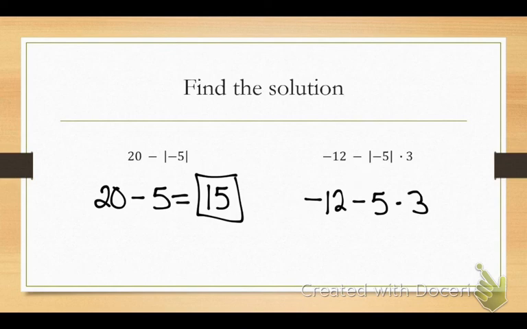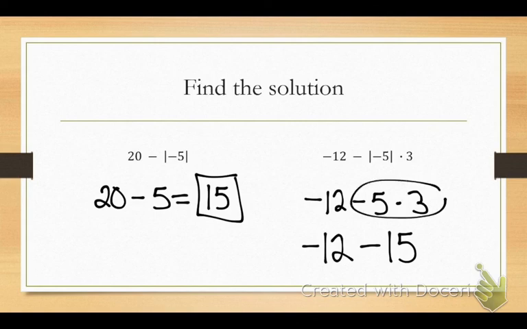So we are multiplying negative 5 times 3. What's negative 5 times 3? Negative 15. That's why there's a subtraction sign in front of it, and I bring down the negative 12. The sign of your answer goes in front of the number. If I had multiplied these two numbers and it was positive, I would have put a plus sign in front of 15. But it was negative. So negative 12 minus 15 is negative 17.